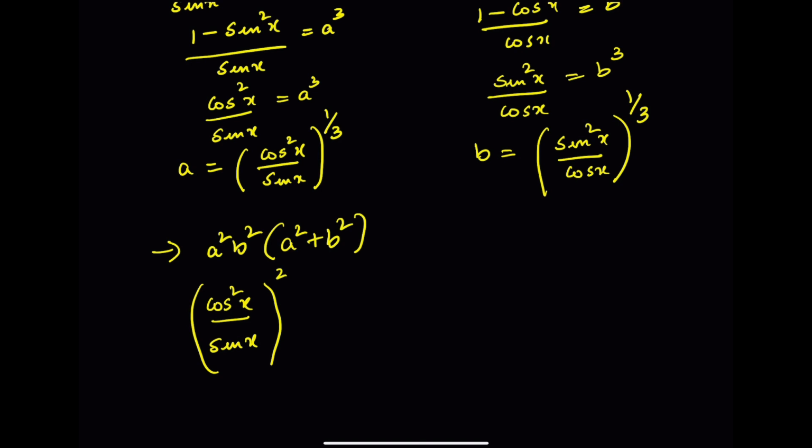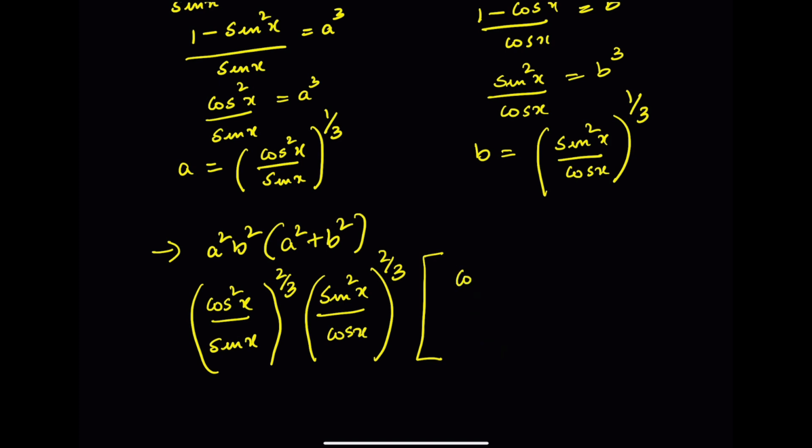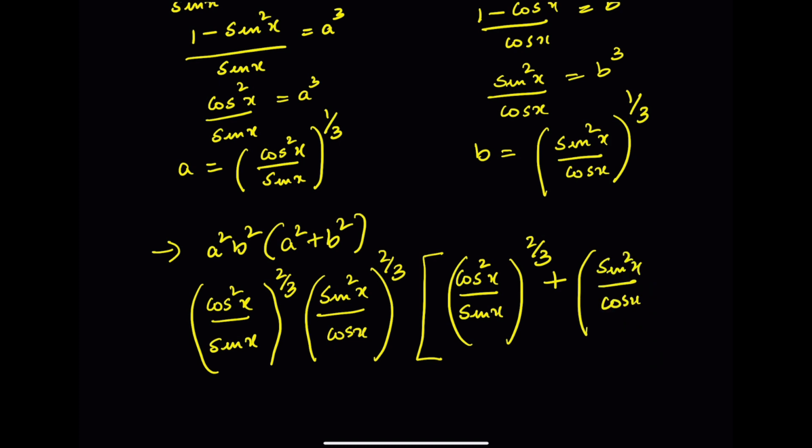This would be to the power of 2 by 3 because it is a square, times sin square x by cos x to the power of 2 by 3, and the inner part would be a square again, which is nothing but cos square x by sin x to the power of 2 by 3 plus sine square x by cos x to the power of 2 by 3.